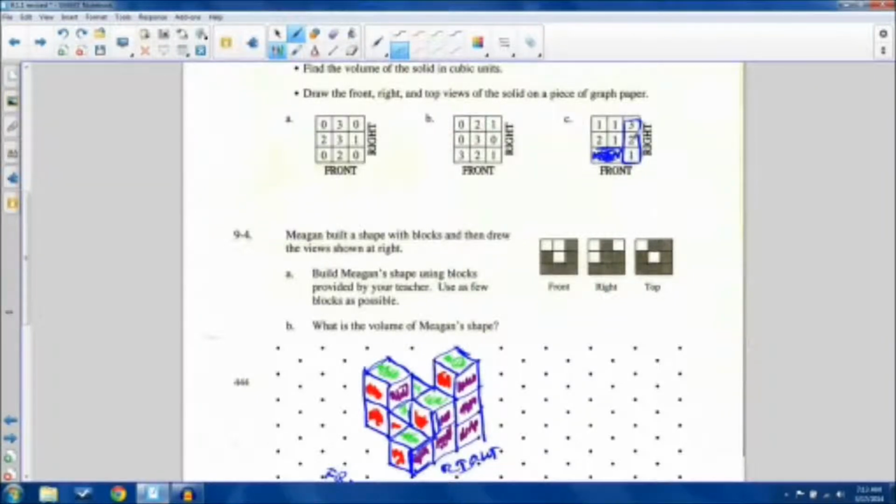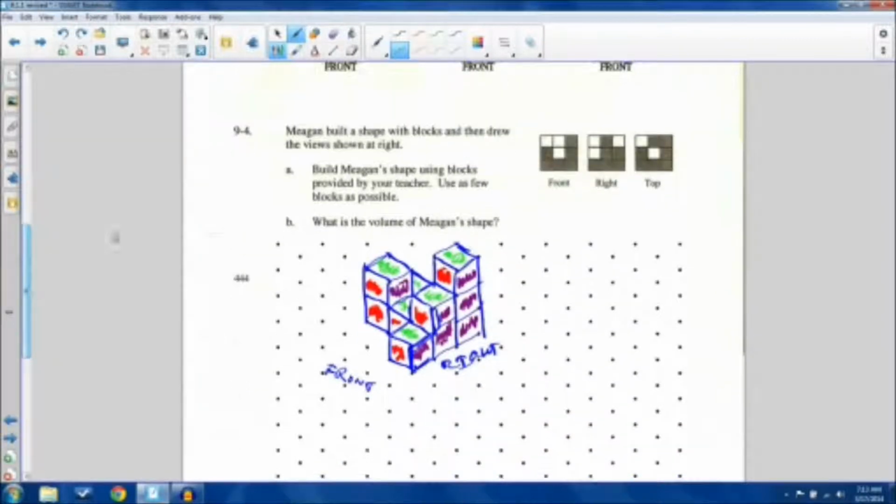So 1, 2, 3, 4, 5, 6, 7, 8, 9, 10, 11. So there are 11 cubes, all with 1 cubic unit in volume. So total volume equals 11 times 1, because each volume is 1 cubic unit, which is 11 cubic units.